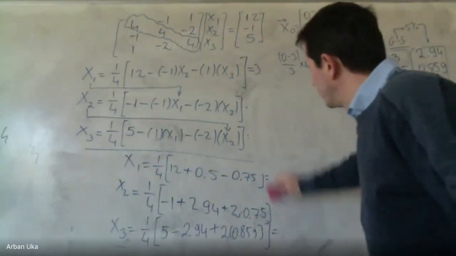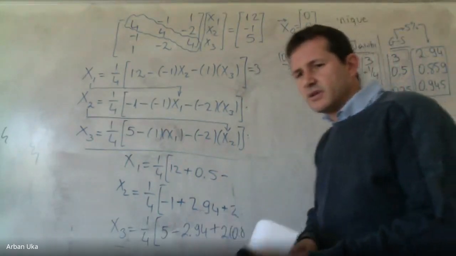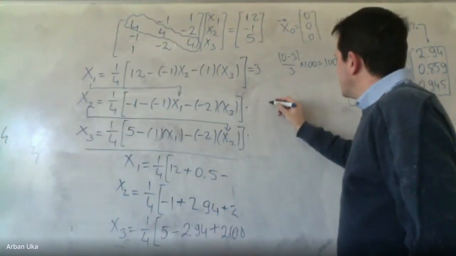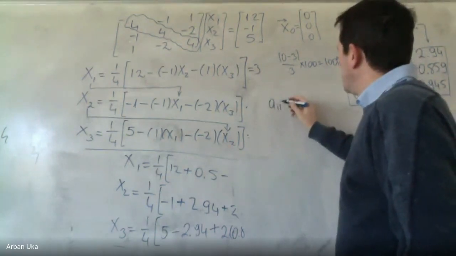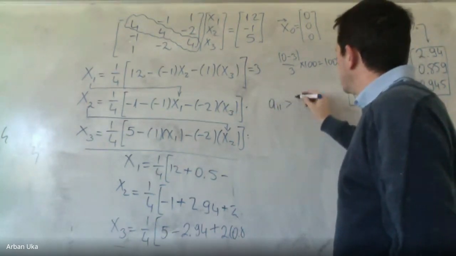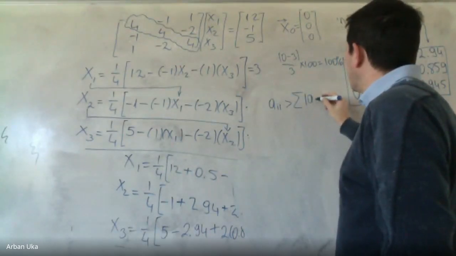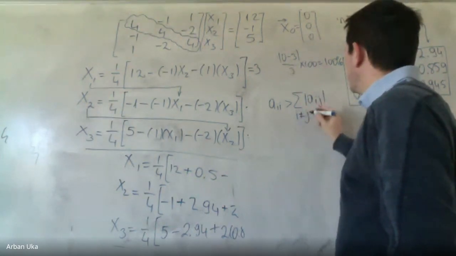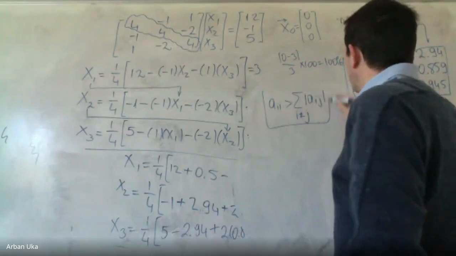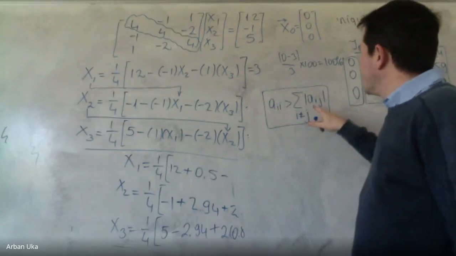It looks like with 2 iterations, with a small number of calculations, we found an error of less than 5%. Now, the diagonal dominance is defined as A_ii being larger than the summation of the absolute values of A_ij when i is different from j. So if this is true, then we have diagonal dominance. In this case, we have to use the absolute value.